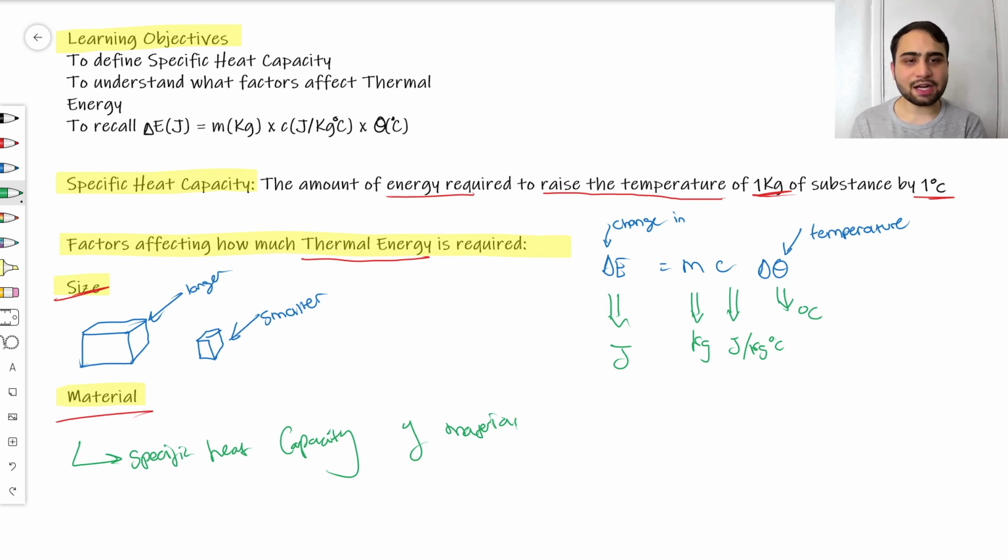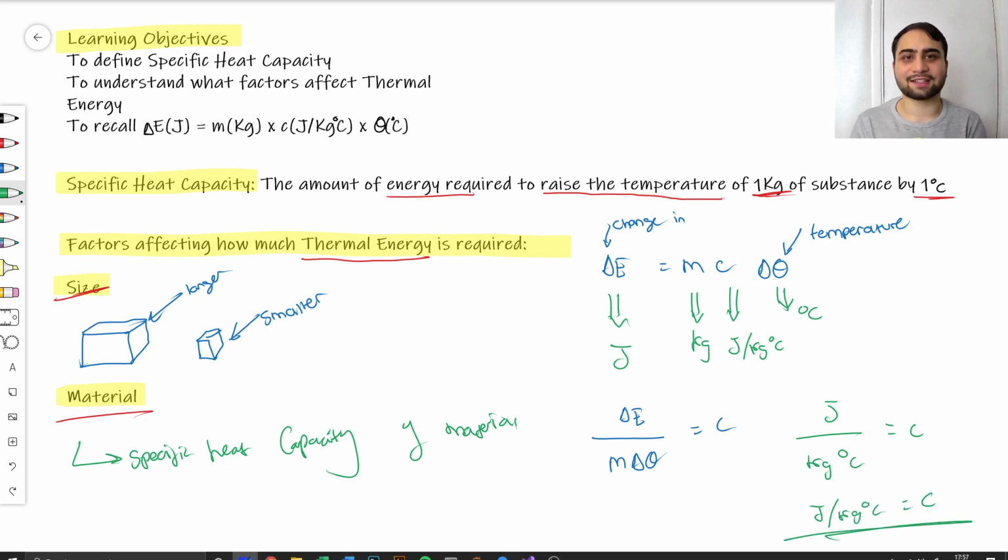Now, let's say I rearrange all of this for specific heat capacity c. So what I get then is delta E over m delta theta equals c. Now, say I write this in its units form, where I get joules over kilogram degrees Celsius equals specific heat capacity, and that equals joules per kilogram degrees Celsius.